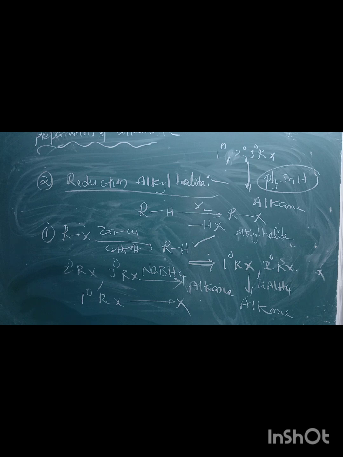And also iodides. Iodides may be reduced by heating with concentrated HI at 150 degrees Celsius. Reduction with HI is usually carried out in the presence of a small amount of red phosphorus.